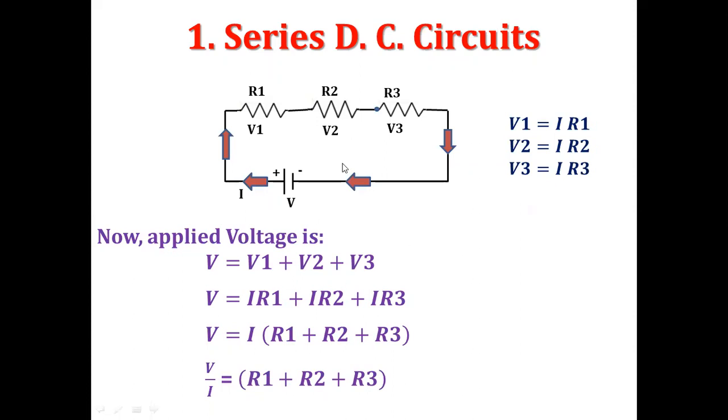Don't take the circuit diagram, directly write down. Then V equal to IR1 plus IR2 plus IR3. Up to here you continue.